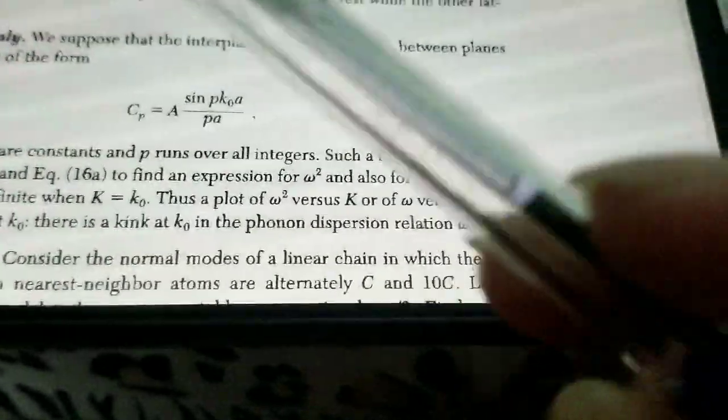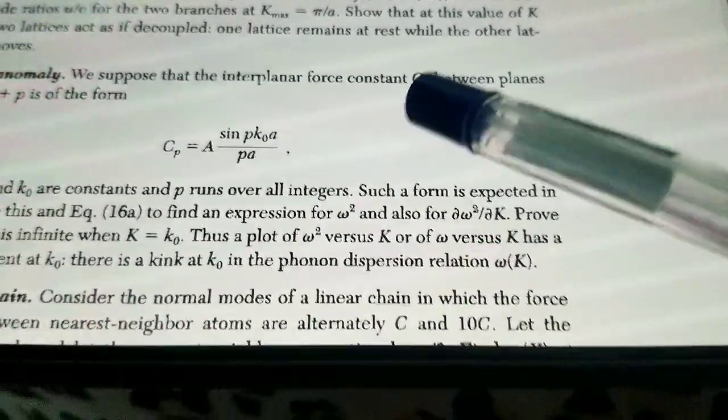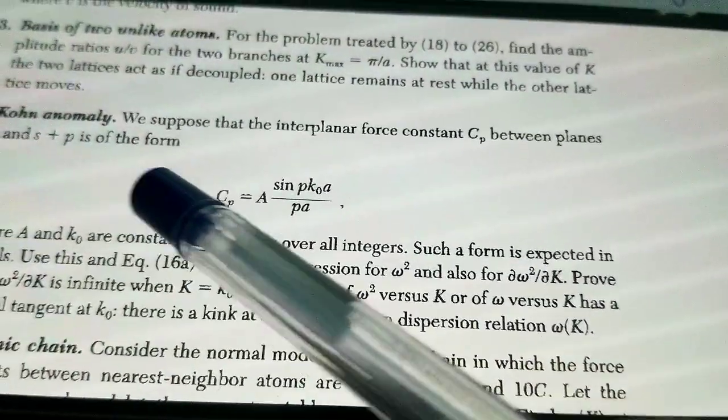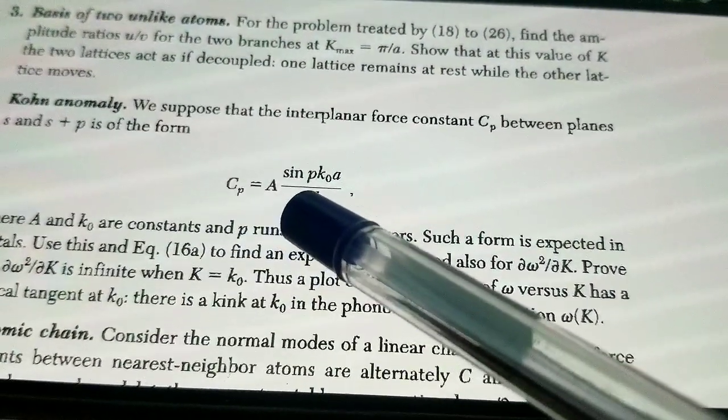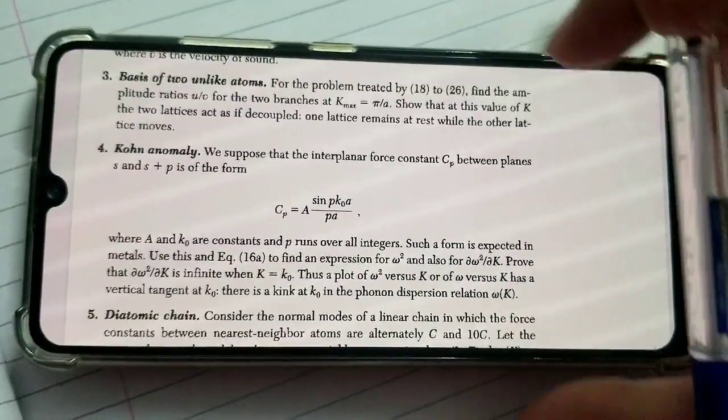We suppose that the interplanar force constant C_p, with p in subscript, between planes s and s+p is of the form C_p = A sin(p k_0 a) / (p a).